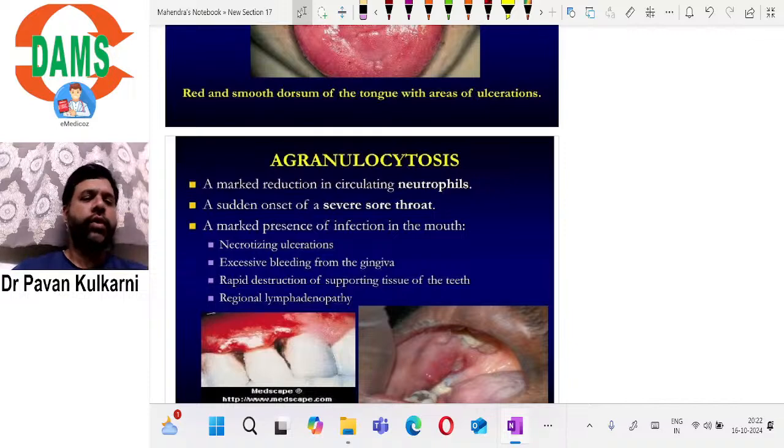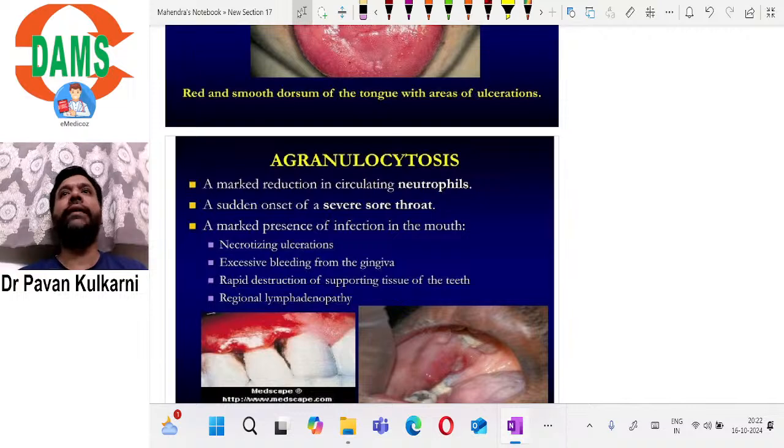Now, for cyclic neutropenia, the important thing I am supposed to tell here is the gingival ulcers. Remember, those ulcers are very painful. They are crater-like ulcers. Whenever we hear the term crater-like ulcer on the palate, what should come to our mind? Necrotizing sialometaplasia.